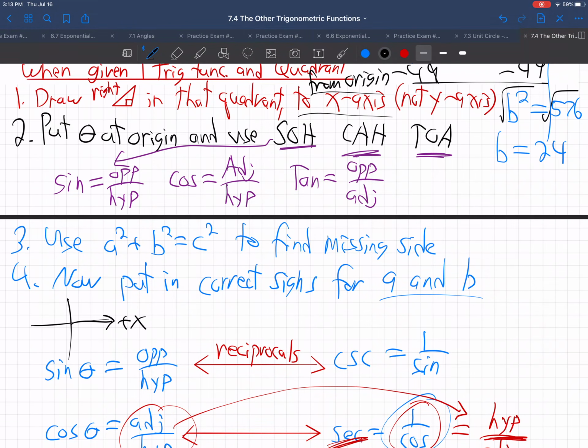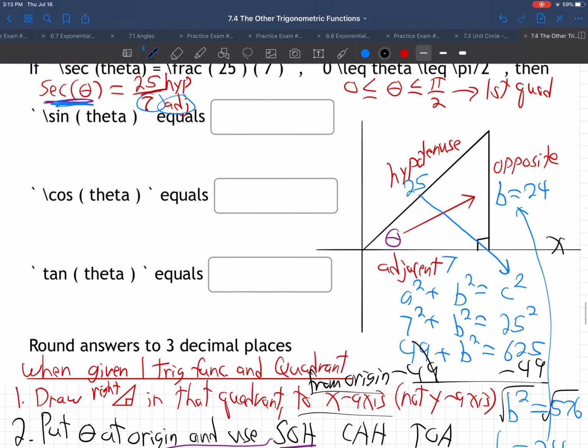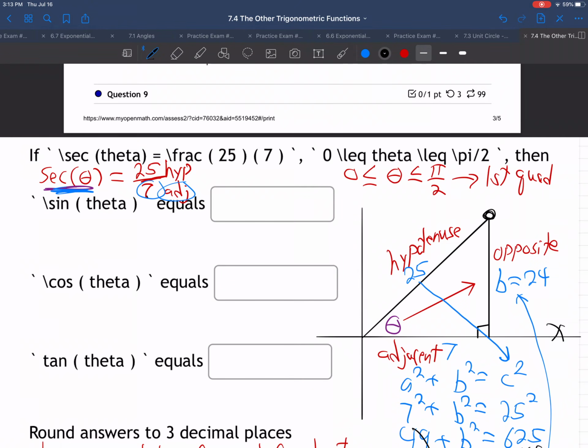So this is positive x, positive y if you go up, negative y if you go down, right? So to get to this point, we go right and up. That's positive, positive. This is the point over 7 up 24. It's coordinates. Right 7 up 24. They're both positive. Everything's positive in the first quadrant. So there we go. So now we can answer the questions.